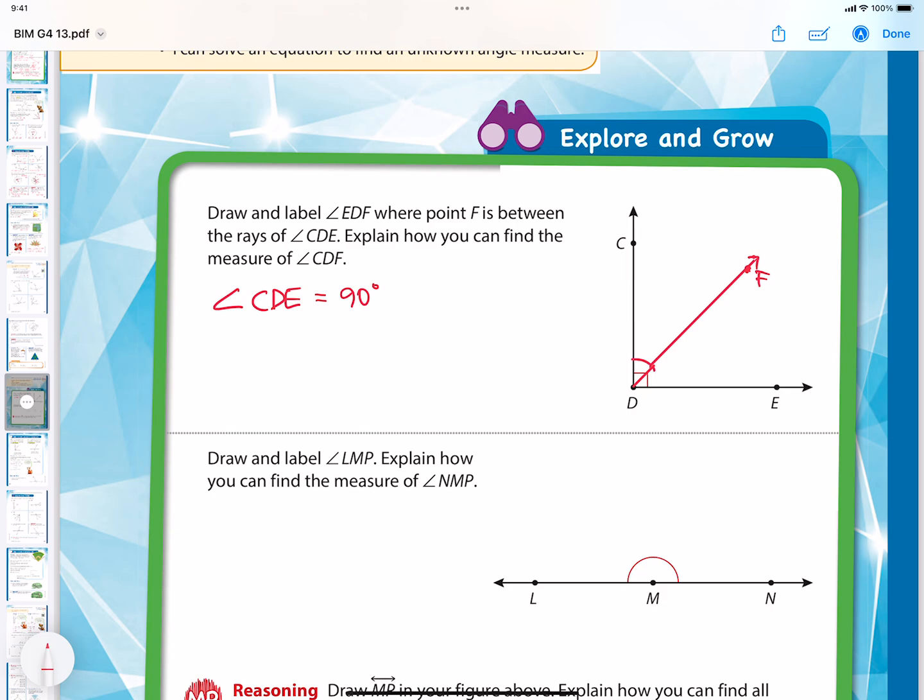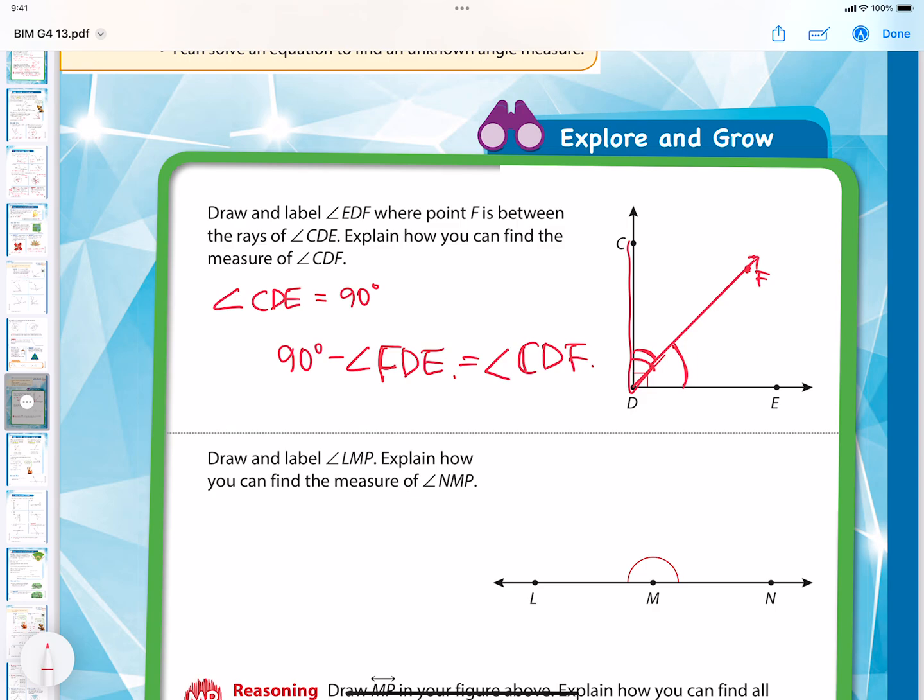This angle CDF, we need to find out how. I'm going to subtract this angle FDE from 90 degrees. Make sense? And I'm going to know the difference. So I'm going to do 90 degrees minus angle FDE. That's what is going to be angle CDF.